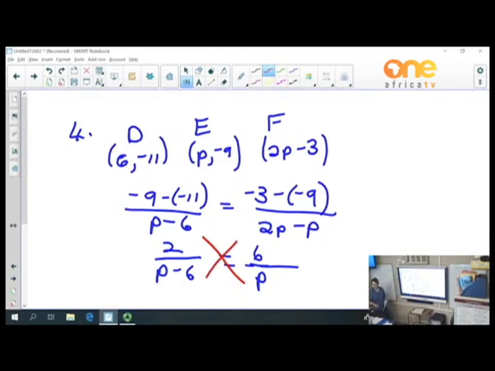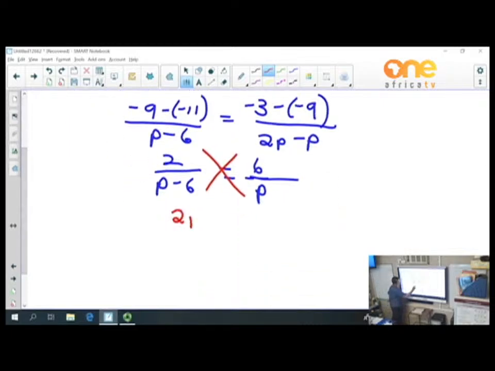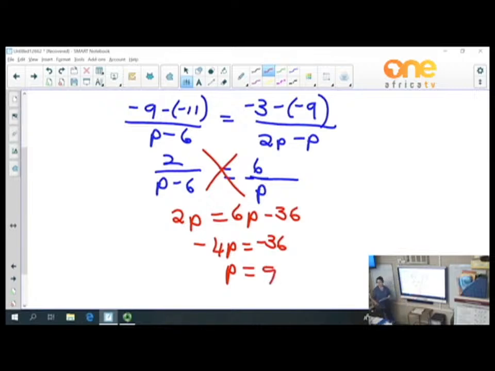It is the LCM, but if we have this is equal to this, then we can use that method of cross multiplication. So 2p is equal to, if I multiply here, 6p minus 36. So negative 4p is equal to negative 36, which makes p equal to 9. P is then equal to 9.